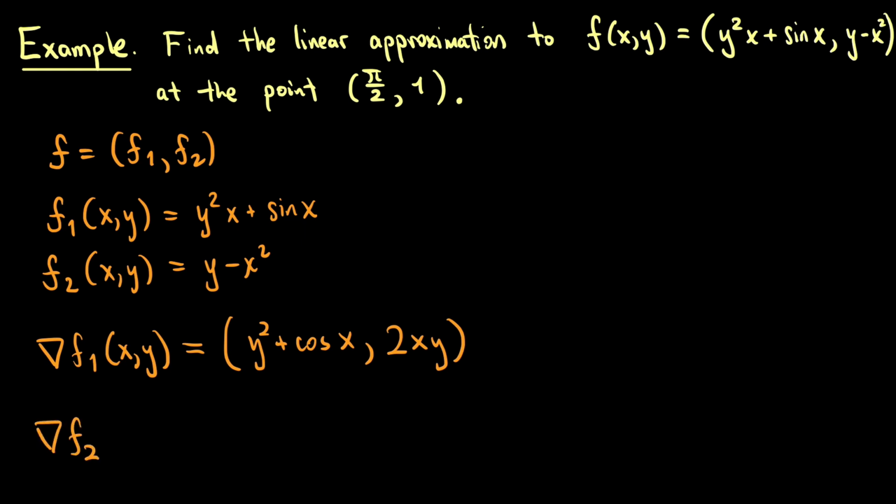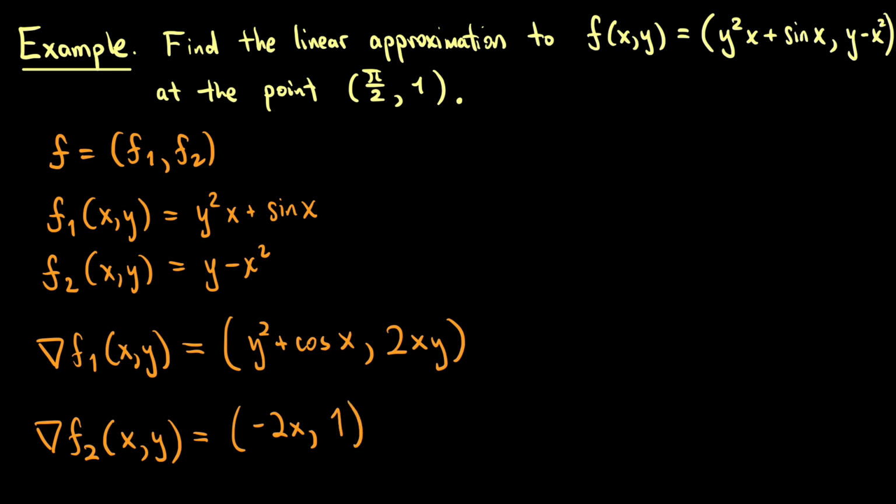And let's compute the gradient of f2. Here y and x are kind of just separate. It's just a function of y plus a function of x, so it's easier to compute. When I compute the derivative with respect to x, I get minus 2x. And when I compute the derivative with respect to y, I get 1.